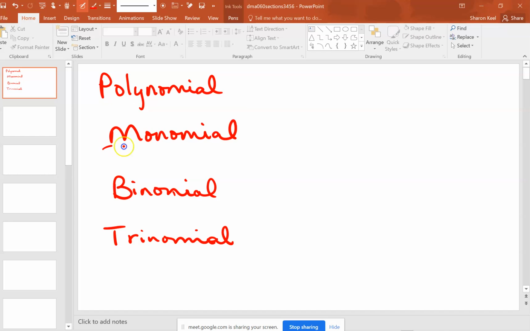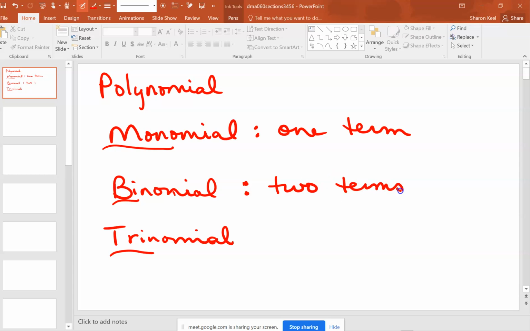If you look at each of the prefixes, mono, bi, and tri, that will help you to know what the definition of those would be. Mono means 1, so a monomial is made up of one term. The prefix bi, as in bicycle, which has 2 wheels, would be 2 terms. The prefix tri, as in tripod or tricycle, would be 3 terms.